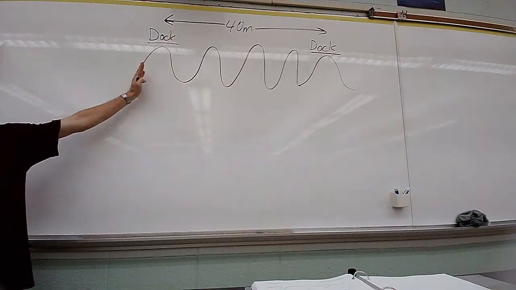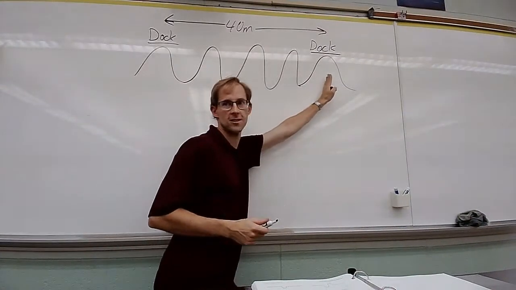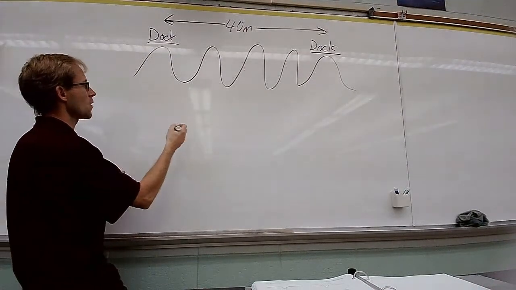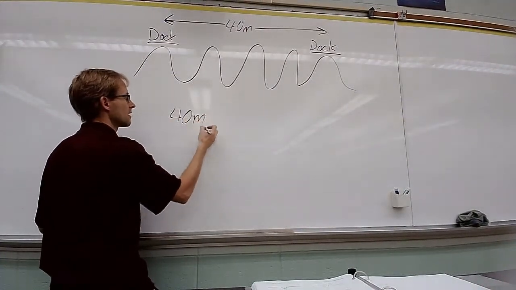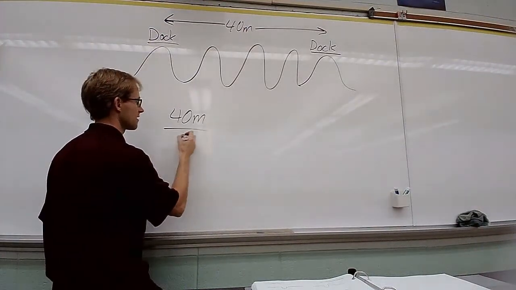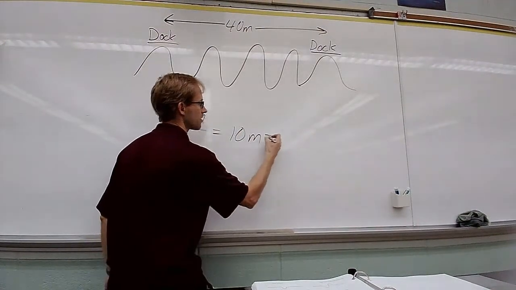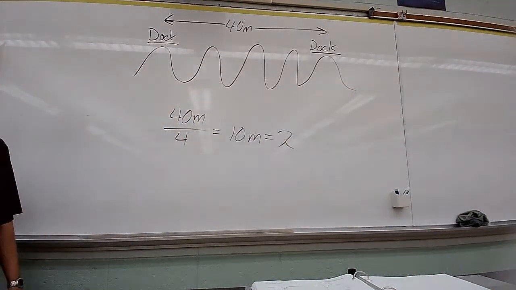How many wavelengths are there from here to here? 4! 4 wavelengths, that's exactly right. So if our total distance is 40 meters, and there are 4 wavelengths over that distance, you just divide. So your wavelength is 10 meters. And that's letter A.